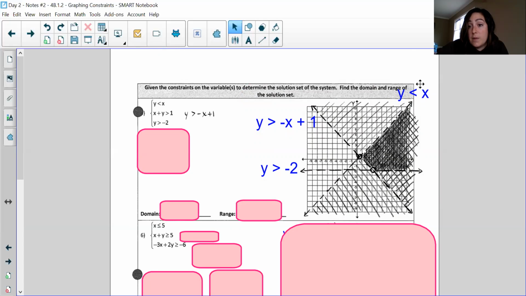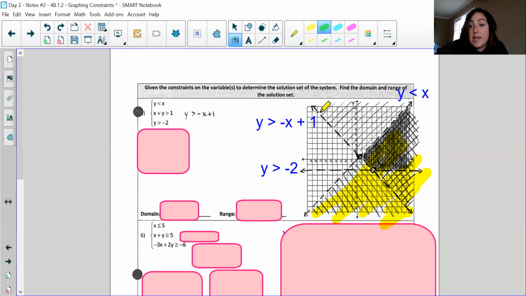So we have the line y is less than x, y-intercept of 0, slope of 1, but a dashed line. And y is less than x, meaning our solution's everything below the line. And then we have y is greater than -x plus 1.